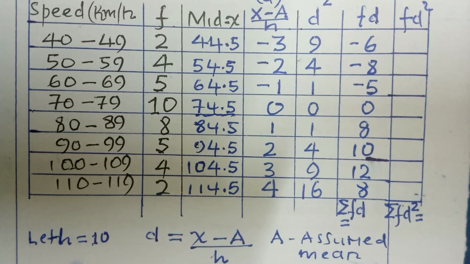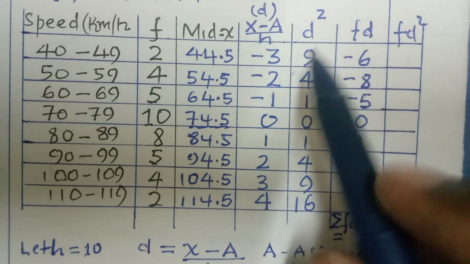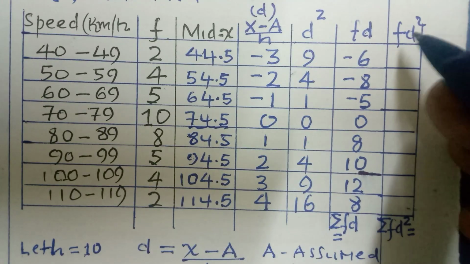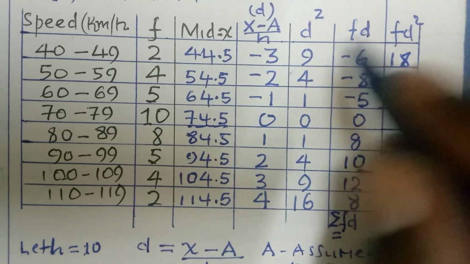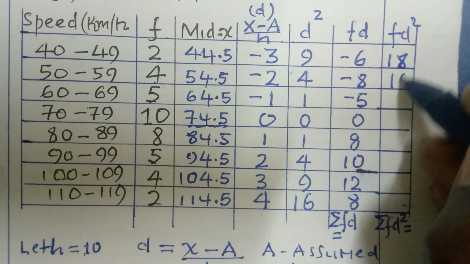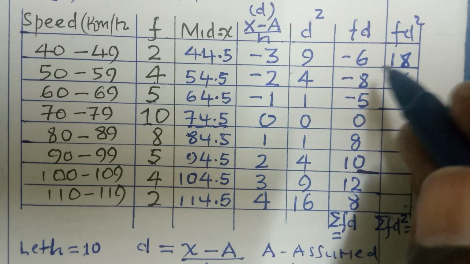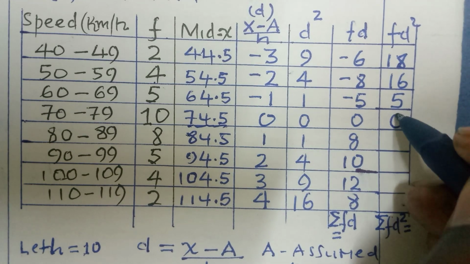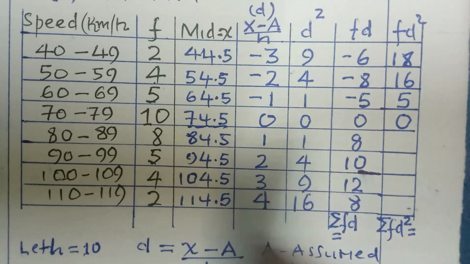Like that. And then finally we have fd squared, whereby this is f and this is d squared. This one now we get 18. We have that and that 16. We have 5 and 1, which is 5. This one obviously we get 0. This one we get 1 and 8, that is 8.